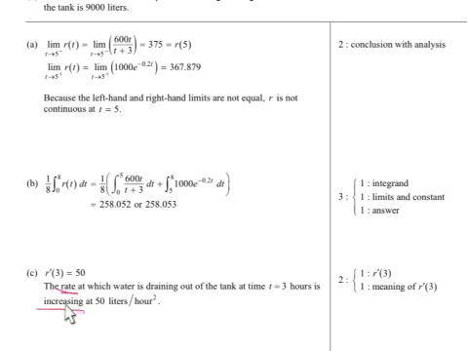The word increasing means derivative. Instead of saying the rate of the rate, which gets confusing, you could say the rate of the rate is positive 50. But I like the word increasing because it explains it's going up versus down, which is an important feature.